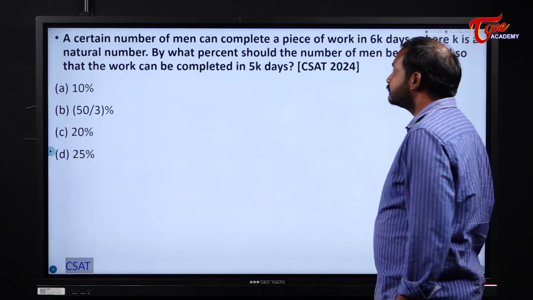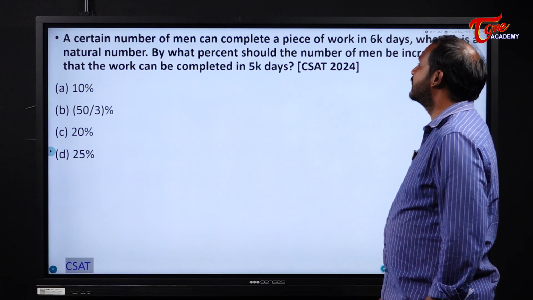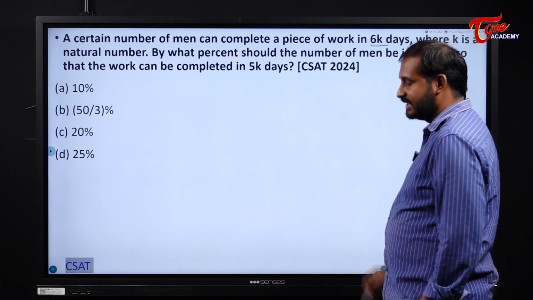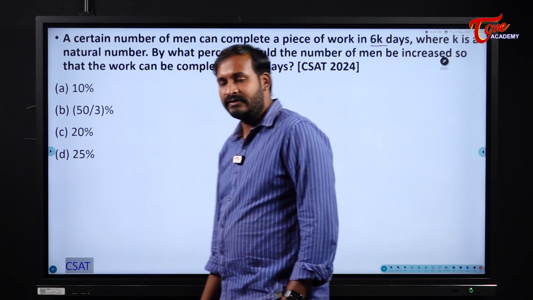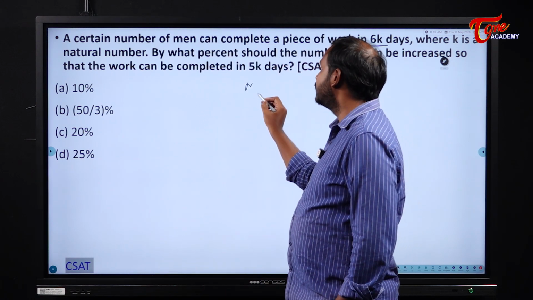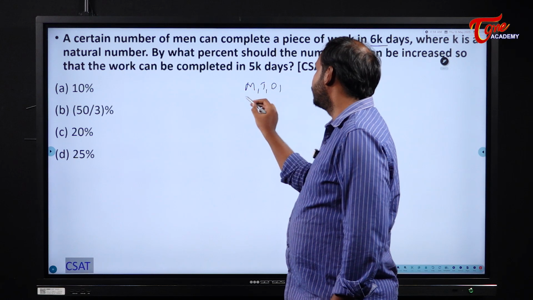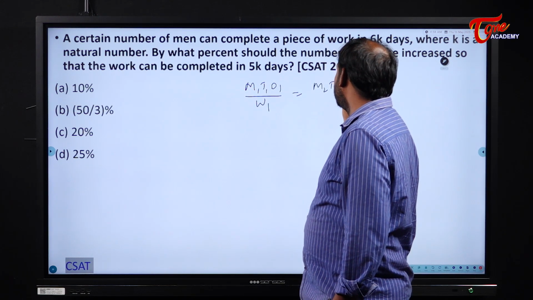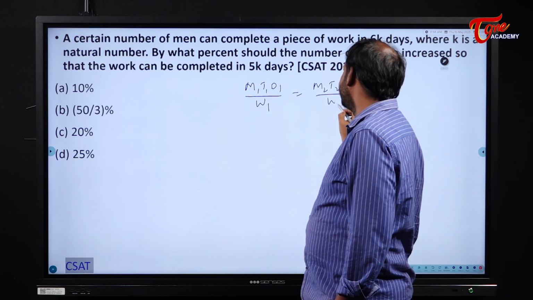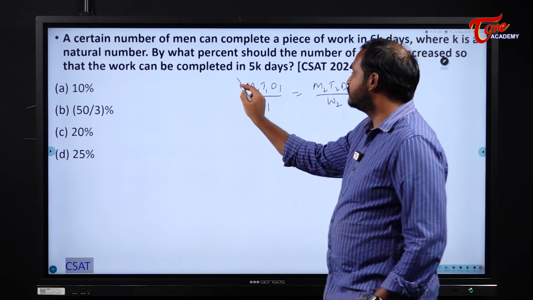Next one. A certain number of men can complete a piece of work in 6k days. Now see here, students, at the beginning we learned one formula. What is it? M1 T1 D1 by W1 is equal to M2 T2 D2 by W2. Now we will use this formula.